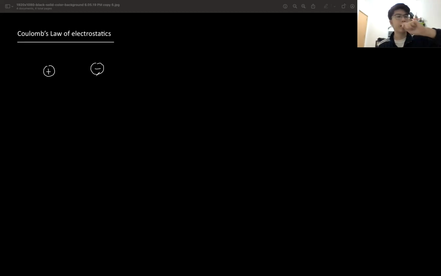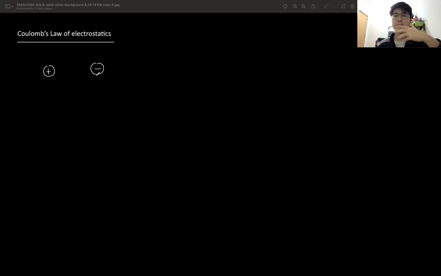A charge is like a characteristic of an object, just like mass. How do you explain mass? You cannot explain mass, right? Mass is already there. It's something that exists fundamentally. If you ask what is mass, the best way we can say is it is a property of the object.